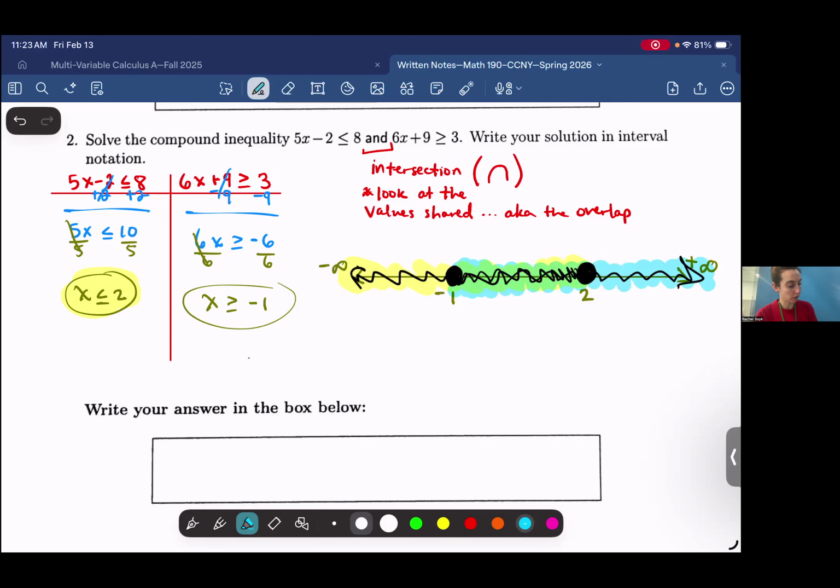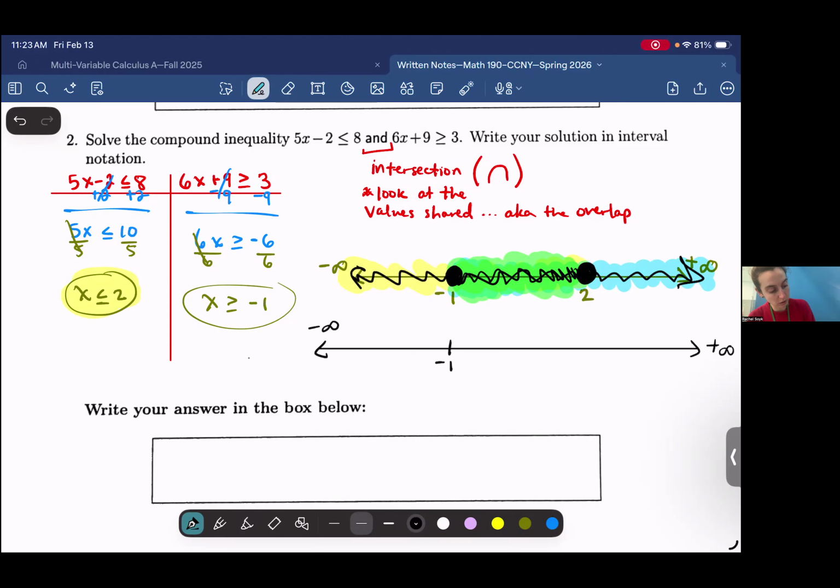And so our green portion is this middle portion right here. So that's our solution. If we create a new number line, we can highlight what our answer is. We have our negative 1, we have our positive 2. They're both closed circles, and we're shading everything in between.